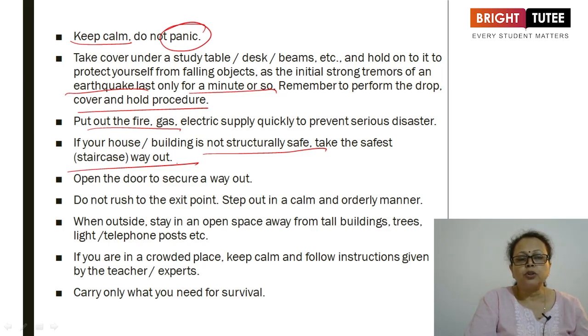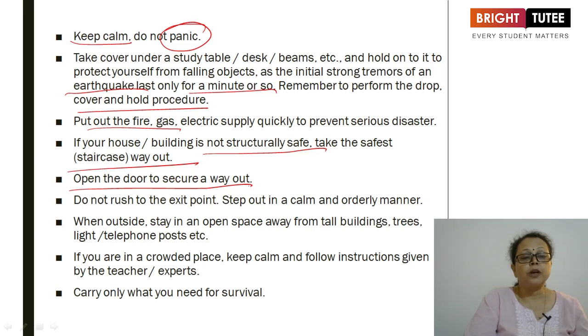Open the door to secure a way out. That way only you have to come out if you are stuck in an unknown place. Wherever the planning has been done according to the BIS, they have the exit plan also. If you go to a movie hall, not on all the doors, but on some of the doors, it has been written exit.